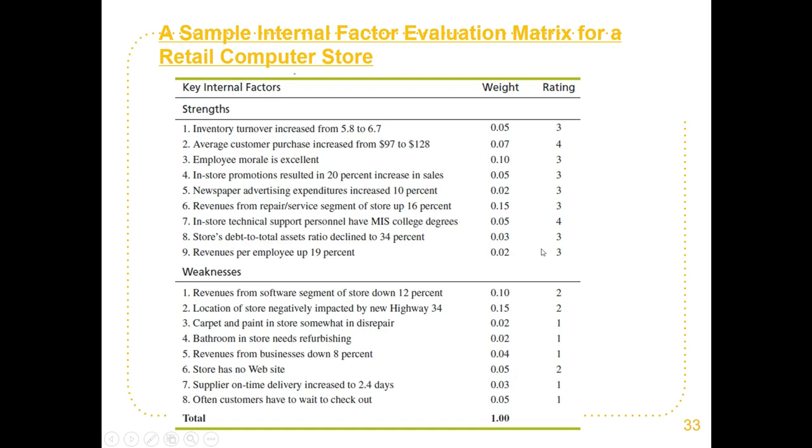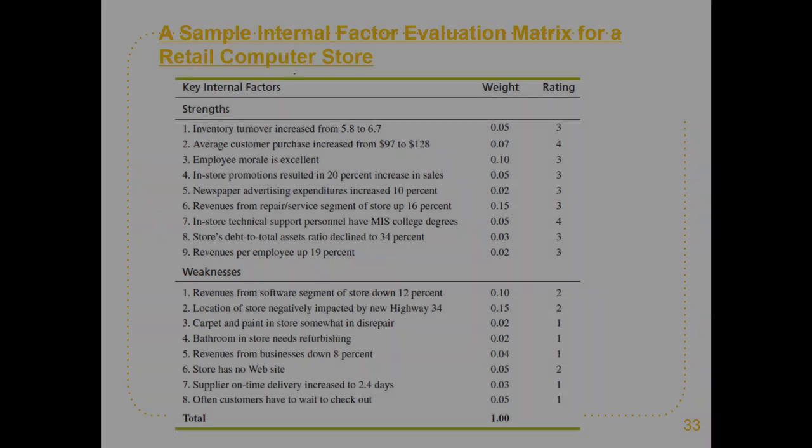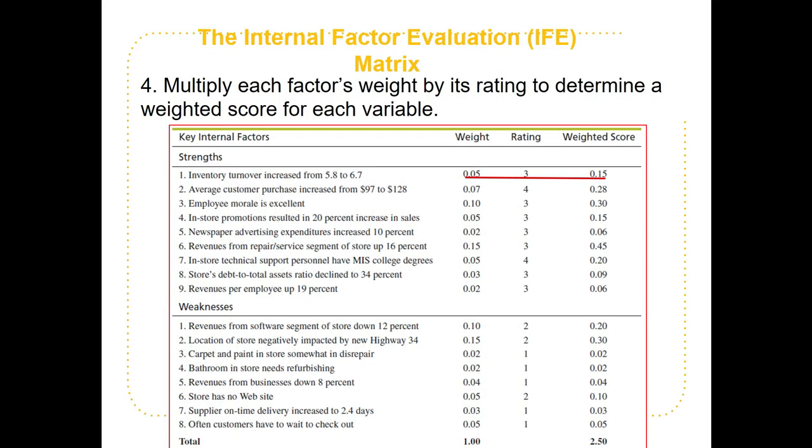And your ratings are based on the company. It's company-based. All right? Then you multiply each factor's weight by its rating to determine the weighted score for each variable. So you multiply the weight by the rating to determine your weighted score.